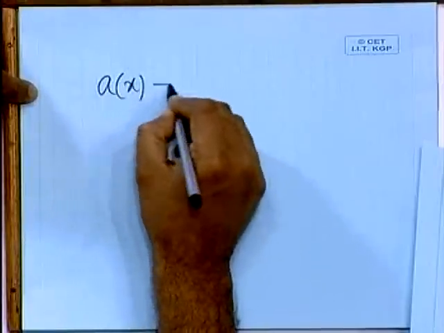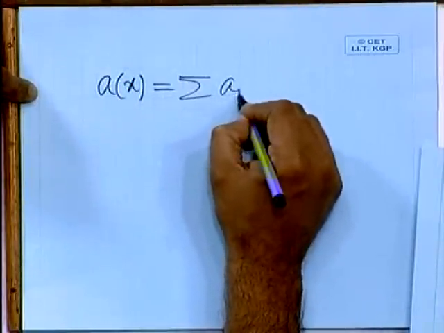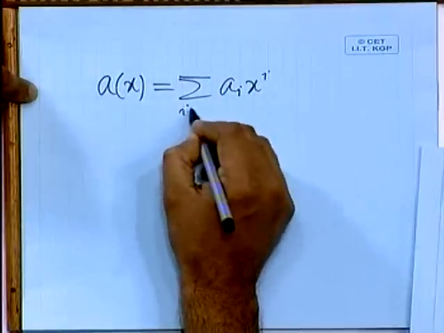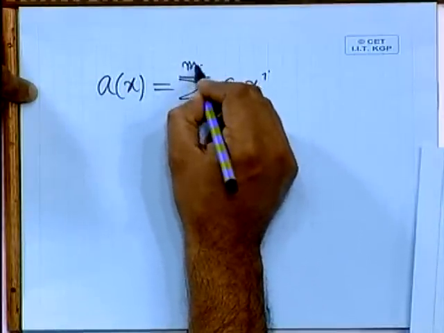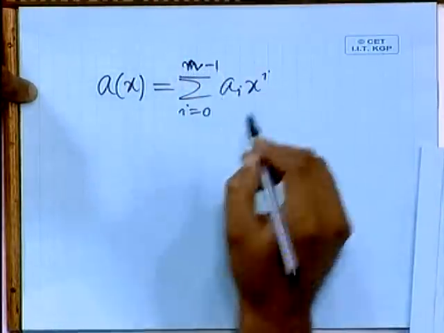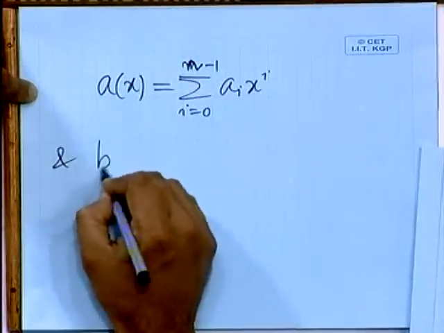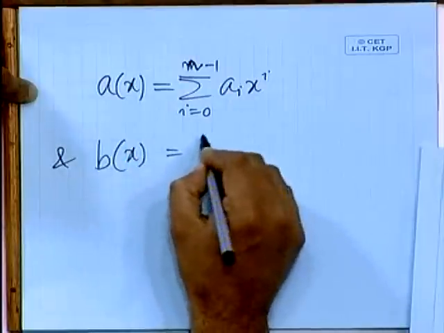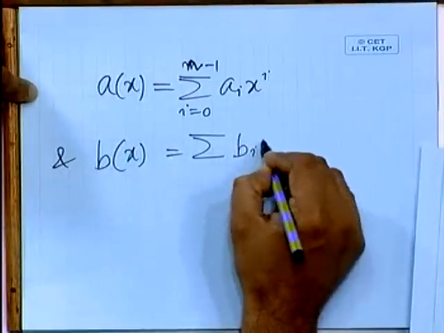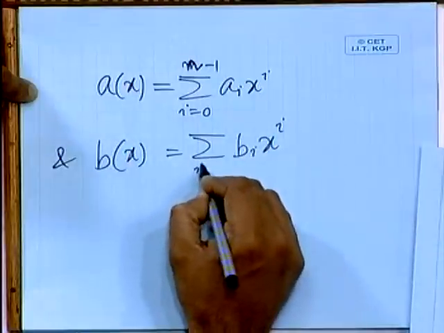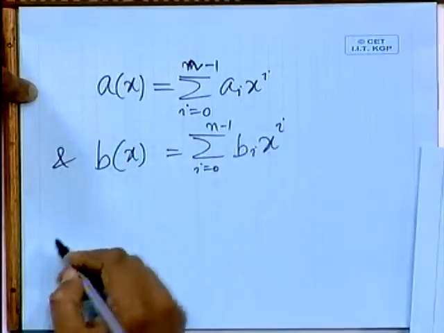Suppose I have a polynomial a of x defined as the summation of ai x to the power i, i varying from 0 to n minus 1, and another polynomial b of x, which is the summation of bi x to the power i, i from 0 to n minus 1.